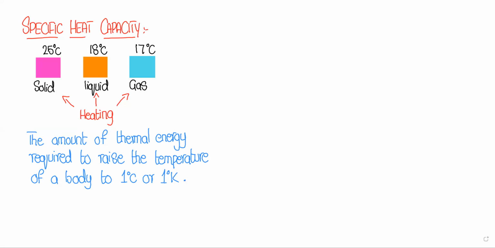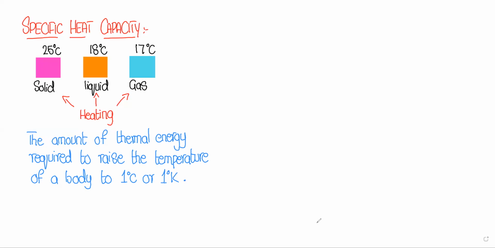The temperature of a liquid will rise in more time as compared to a solid, so the process of rising temperature in liquid is slower than in solid. And the process for gases is also slow as compared to liquid and solid, right?